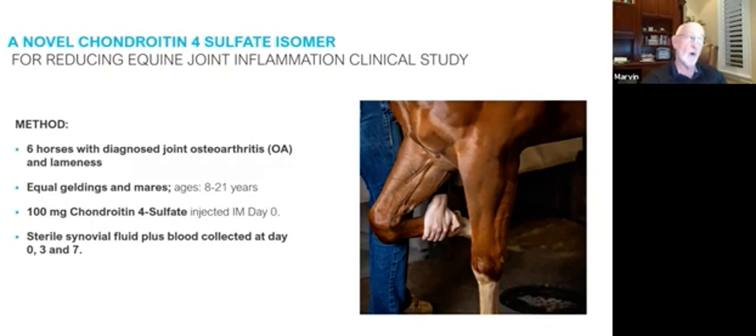And I say the 4 because at the 6 it doesn't work as well. And if you have polysulfated with more sulfates, they don't work as well. It has to be 1 sulfate. And this is what nature gave you. This is what a child is born with at the 4 position. So we collected synovial fluid day 0, 3, and 7. Next slide, please.